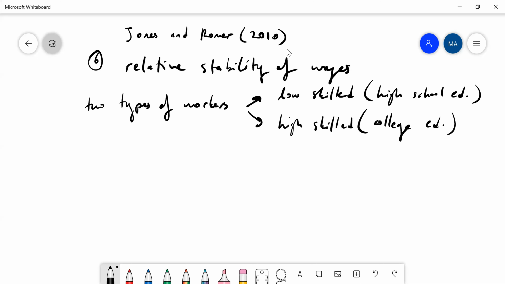Okay, now let's denote these low skilled guys by L, and denote these by H. Okay, now we observe that wage ratio. Okay, it is sometimes called skill premium.